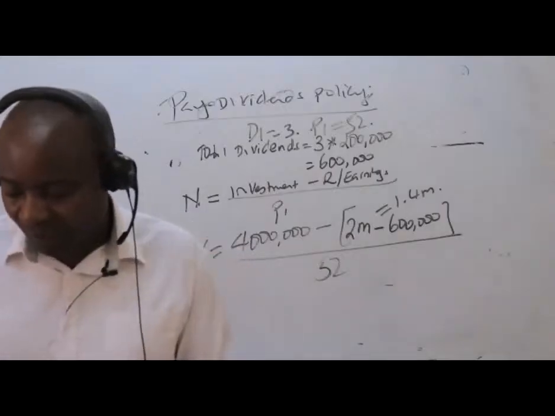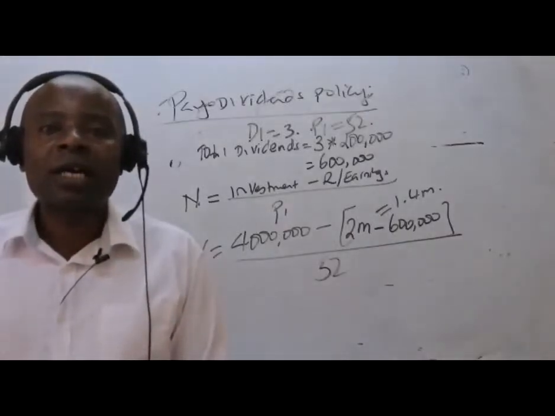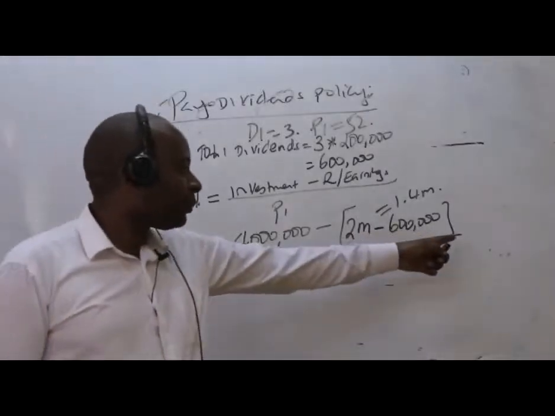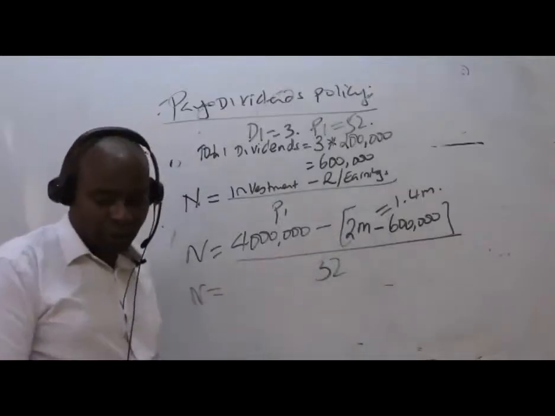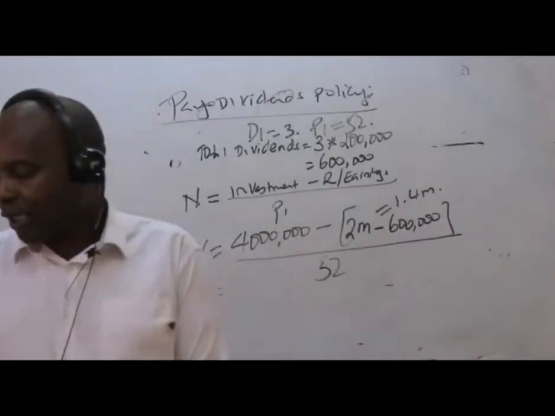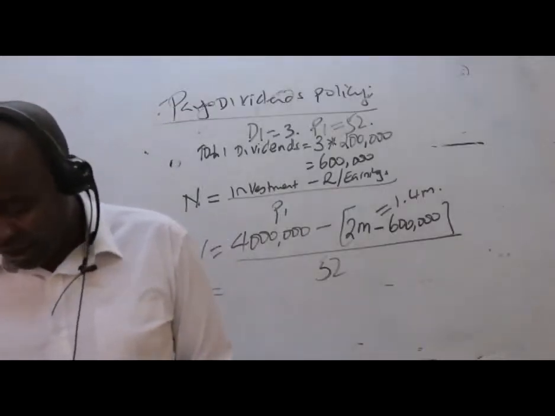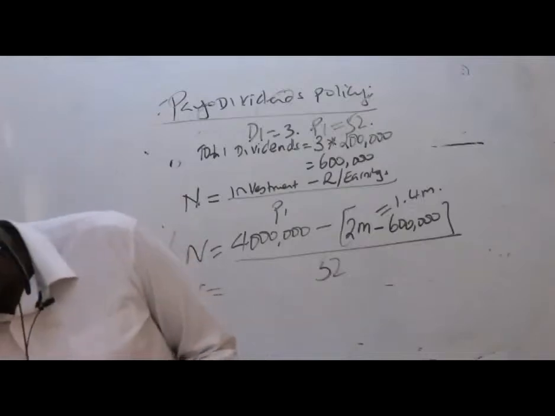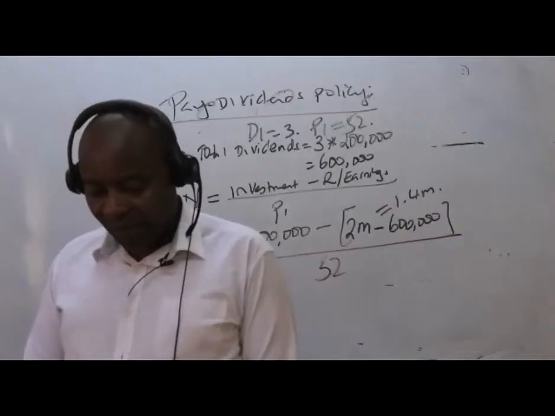Then, ladies and gentlemen, if that is the case, why don't you go ahead and give me this figure? The new shares will be equal to what? JB tells me 10 million. Is there any other person who is getting the 10 million?